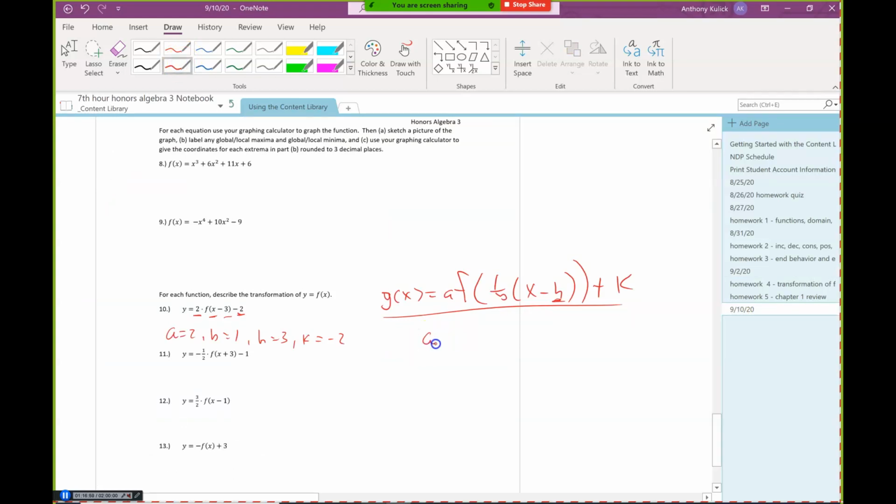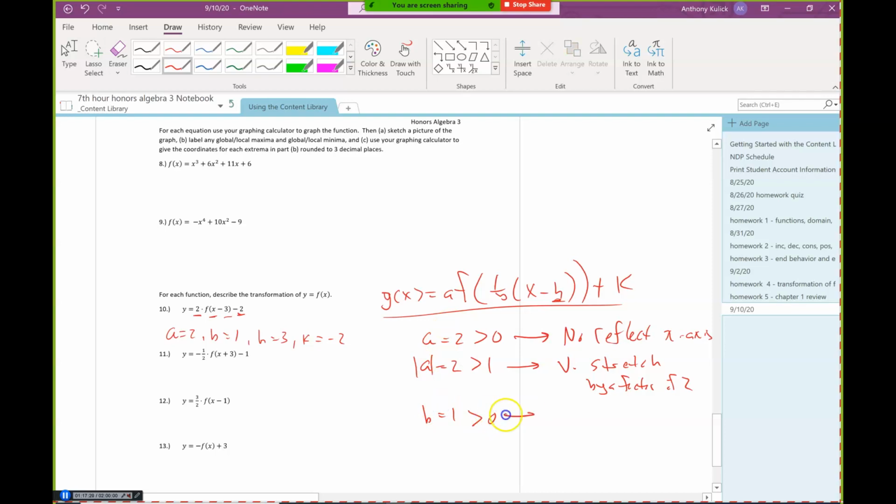Okay, so since A is equal to 2, and that's greater than 0, there's no reflection in the x-axis. And since the magnitude of A is 2, and that's bigger than 1, I have a vertical stretch by a factor of 2. Since B is equal to 1, that's greater than 0, so I have no reflection on the y-axis.